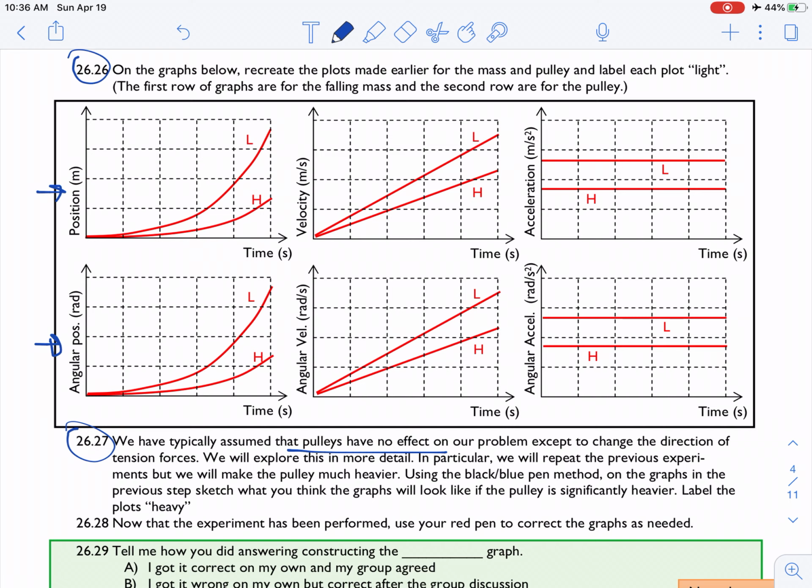right? Remember when we talked about mass, we talked about it as inertia, right? So that's kind of how much resistance you have to change your motion. And so a massier pulley will create more resistance, and we will talk about inertia in the rotational cases soon, but I want you to kind of relate to that as well.